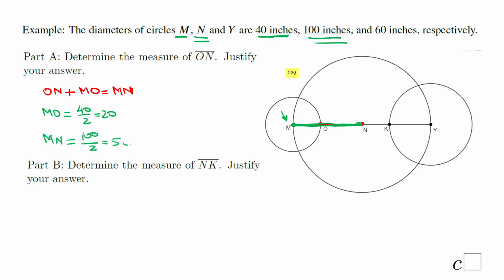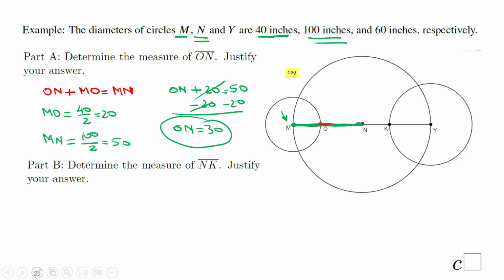So now let's replace the values we found in the first statement. I wrote ON, we need to find out, plus MO 20 equals MN 50. Just subtract 20 from each side, and ON will be nothing else than 30.